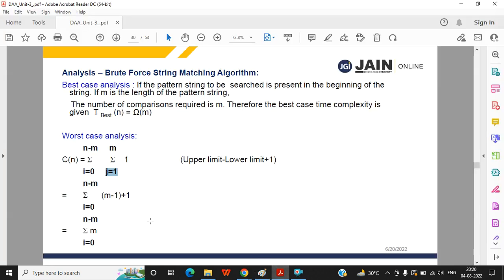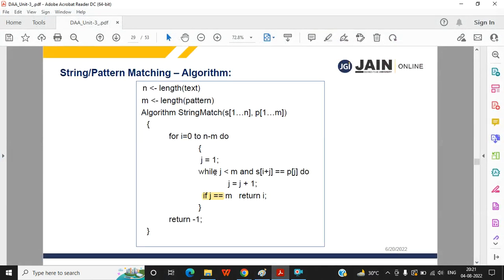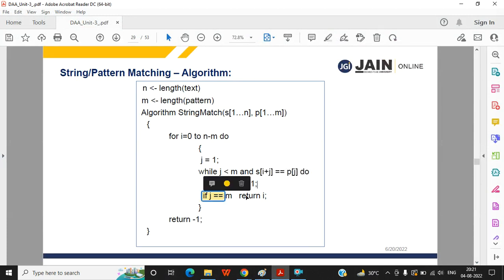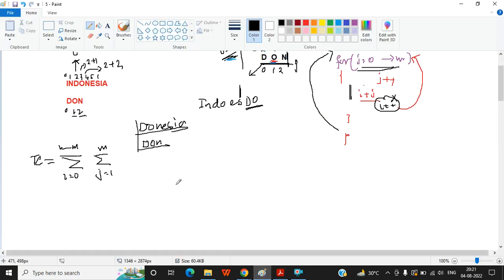Inside this loop, how many statements are there? Just one statement, so you write 1 here. If you have two statements inside that innermost loop, you can write 2 here, 3 here, just like that.